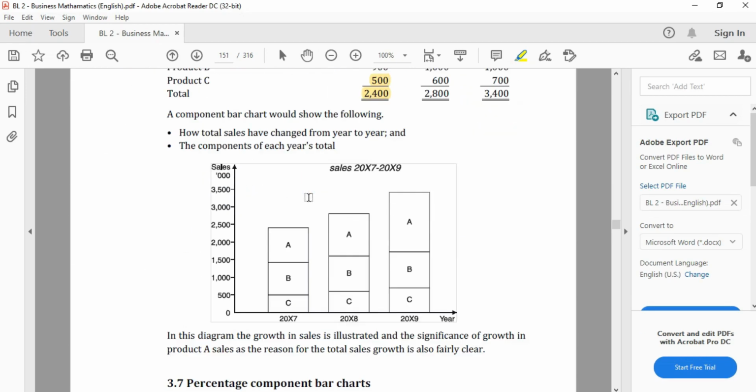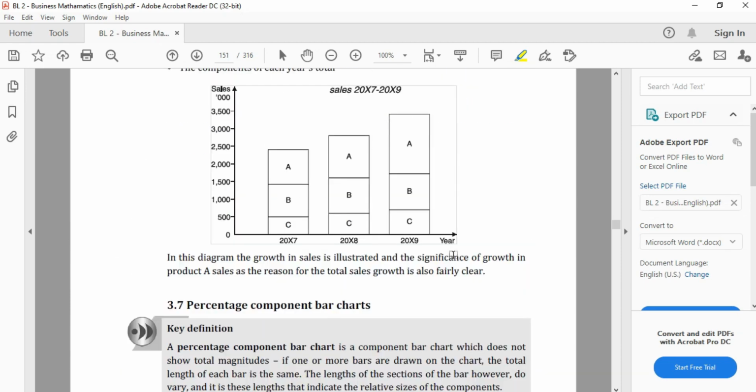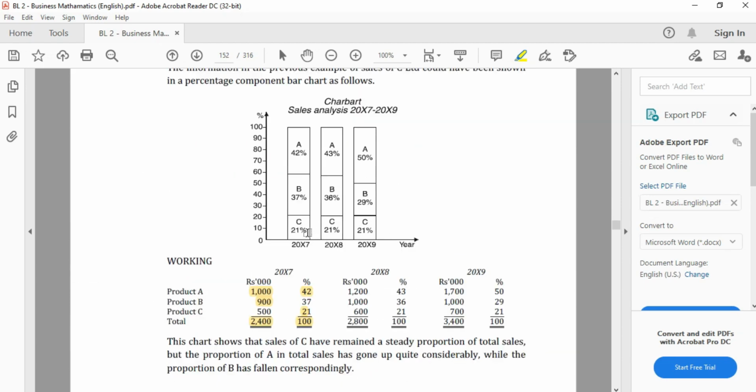But when you see the amounts wise, of course it is increasing. In 2007 it's 500, but it went to 600 in 2008 and in 2009 it went to 700. But even though there's a 100 units increase or $100 increase, out of the total sales, it is still the same percentage.